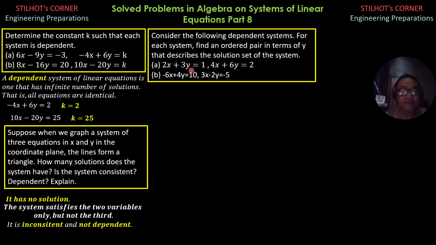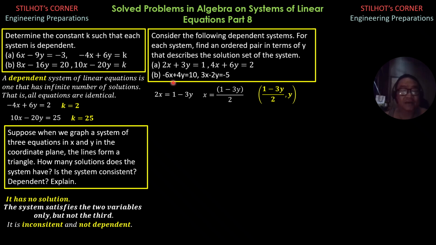So if we solve for x in terms of y, then 2x equals 1 minus 3y, or simply x is 1 minus 3y over 2. So the ordered pair would be (1 minus 3y over 2, y). For the second, let's check if it is a dependent system.